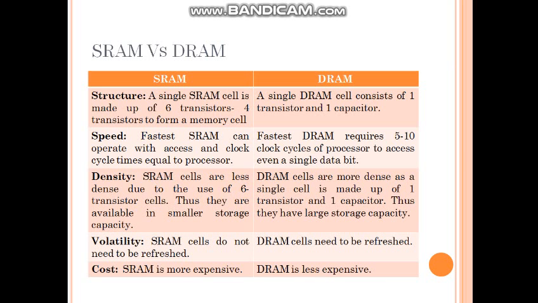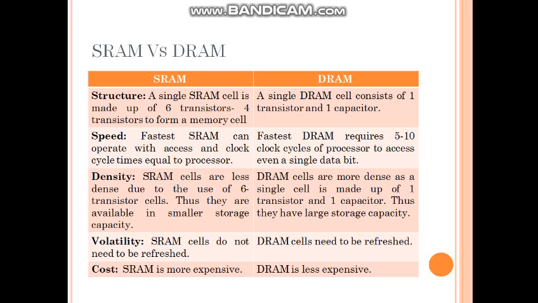If we go into a comparison of the static and dynamic RAM, we find these types of differences. In terms of structure, the SRAM cell is made up of 6 transistors, whereas the DRAM cell consists of a single transistor. In speed, SRAM is fast compared to DRAM.